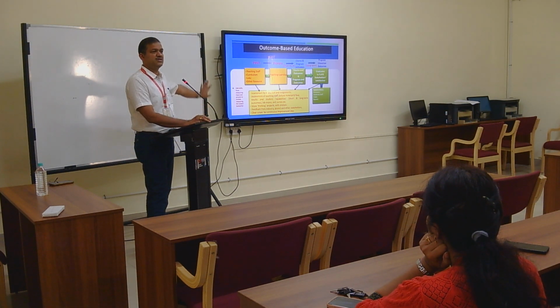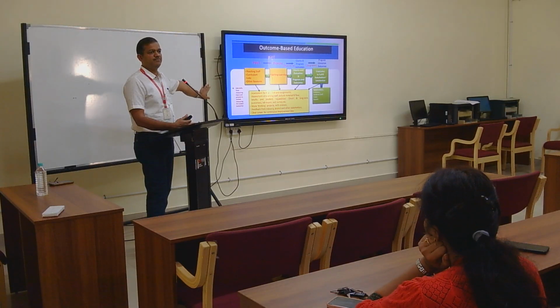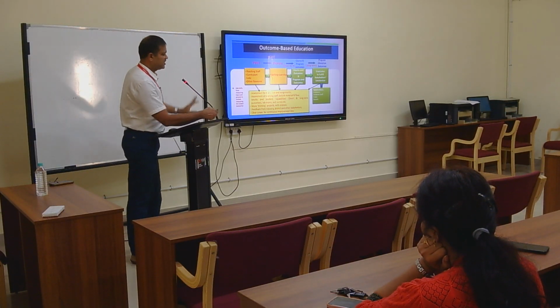After the completion of the complete one week FDP, what are the outcomes? That is outcome-based education. We assess through quizzes, and we also take feedback at the end of the sessions. If there is scope for improvement, definitely we are going to improve it.